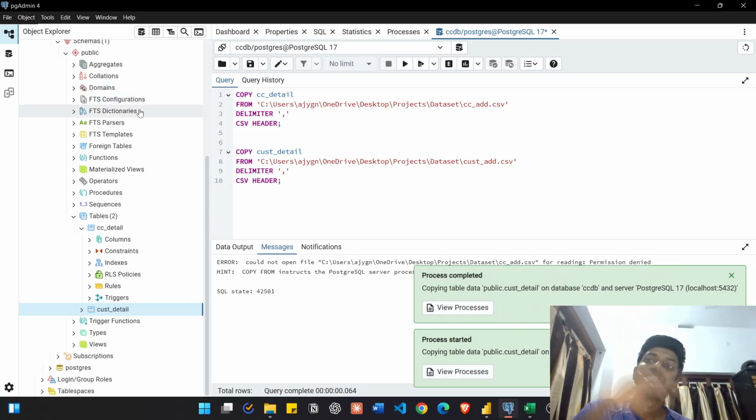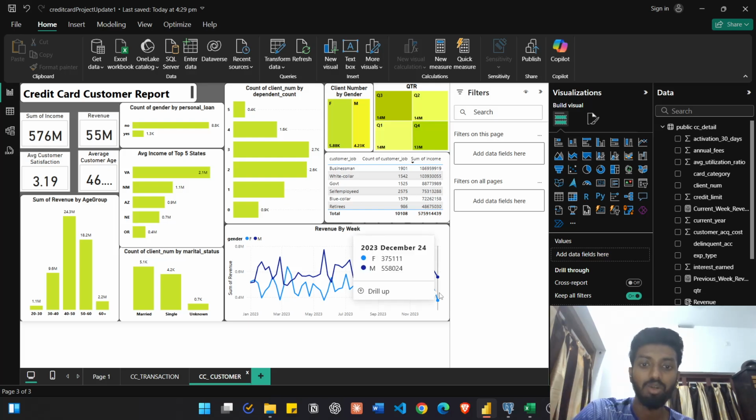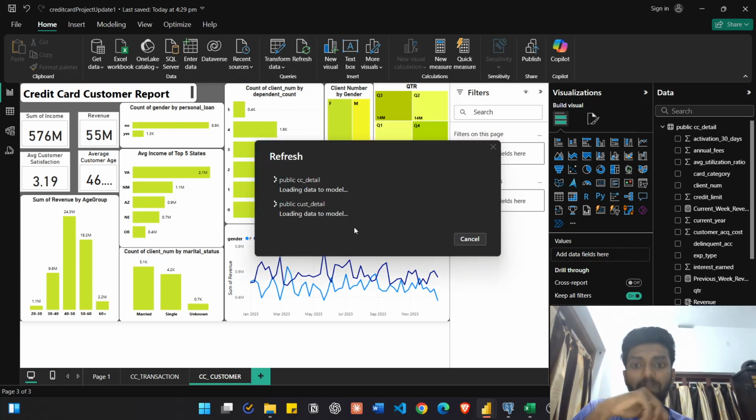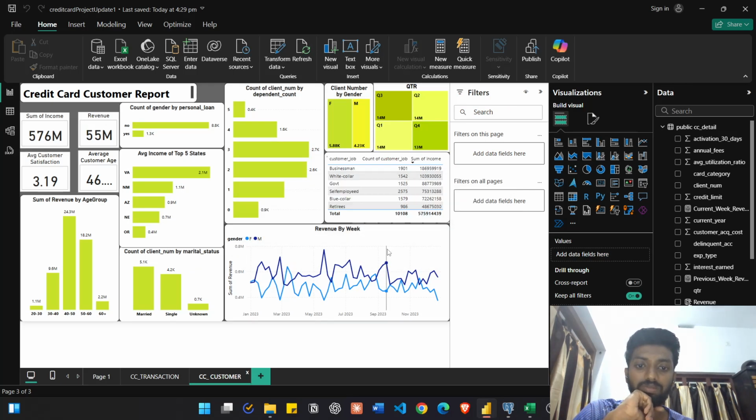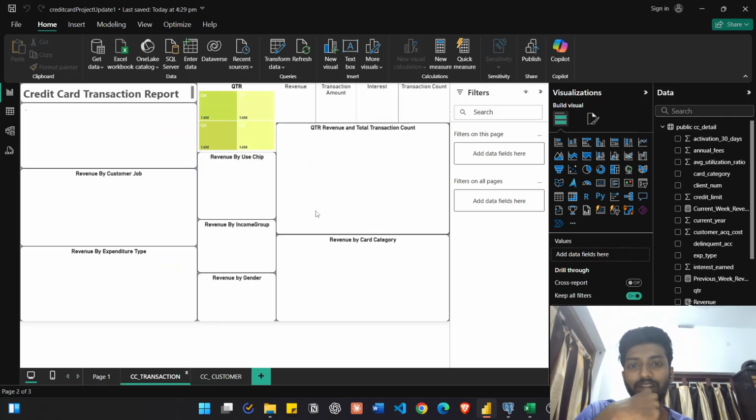So this has been connected to my Power BI through the localhost. Now here it's showing till the 24th, right? So now if I refresh it, it will show till the 31st. So here's the 24th and the next week, the 31st. It's been reflected. Now you could see previous time it was like 55 mil, right?